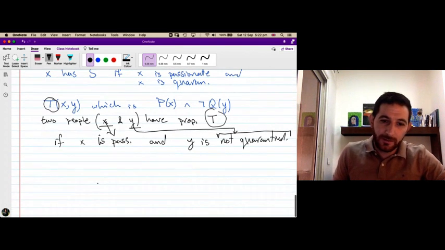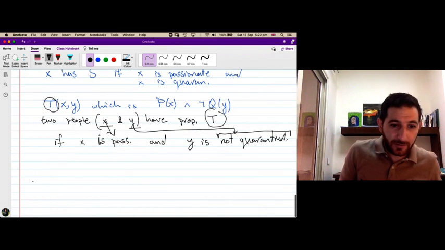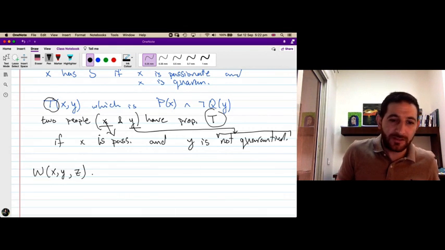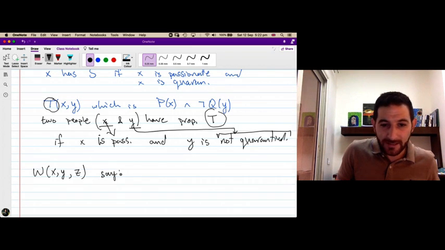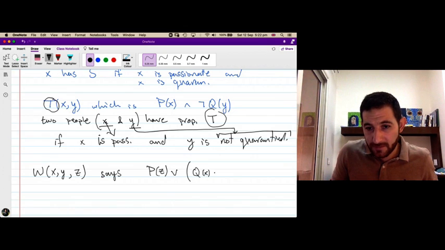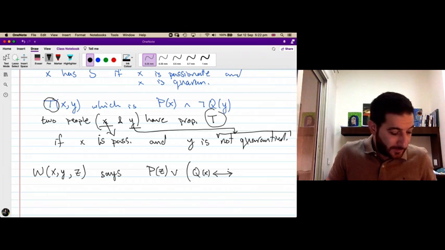Let's finish with another example. Look at the ternary predicate W of x, y, z. So three people, x, y, z, have property W. This predicate says that P of z or Q of x if and only if Q of y.